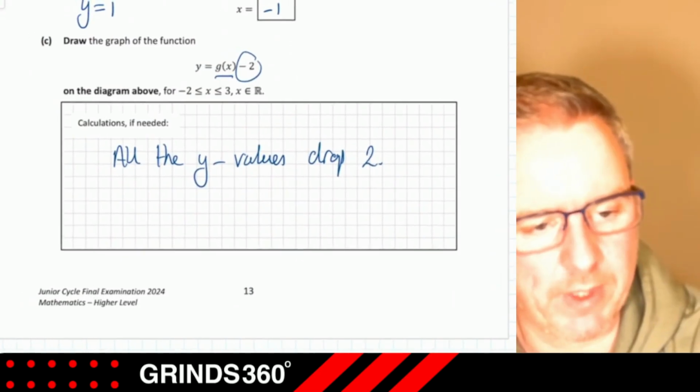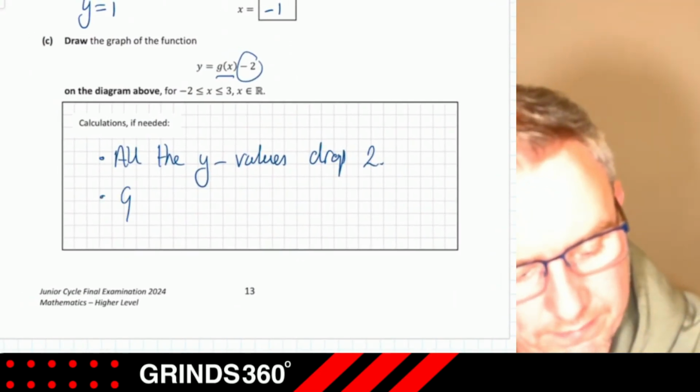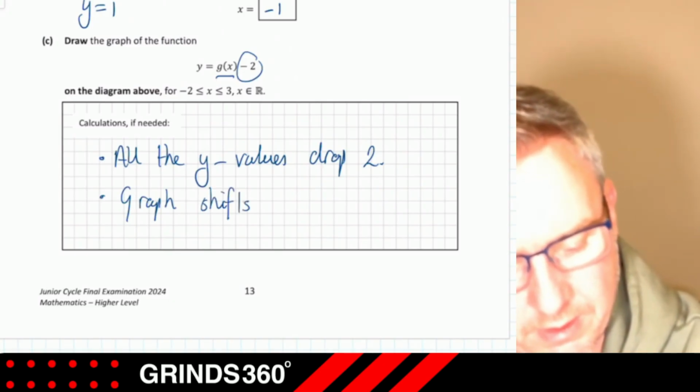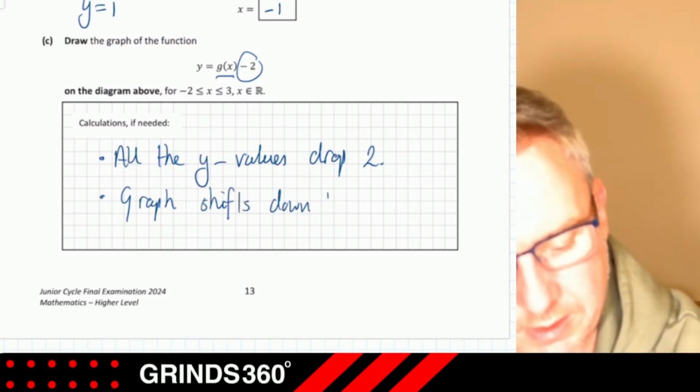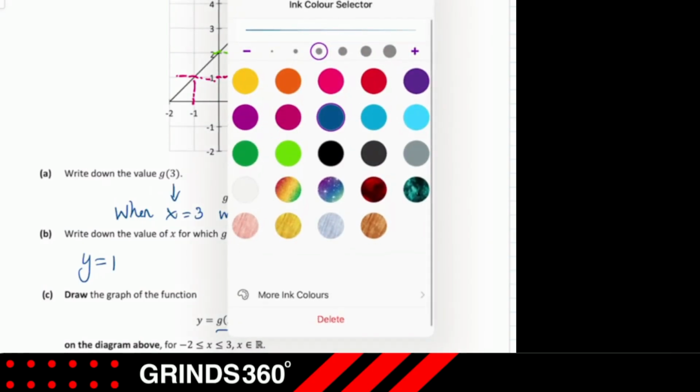Or another way we could say that is the graph shifts down by 2. So we're going to take this graph, and I'm going to take 3 points on the graph, and I'm going to drop all of them down by 2.